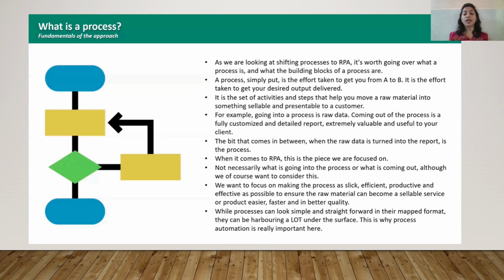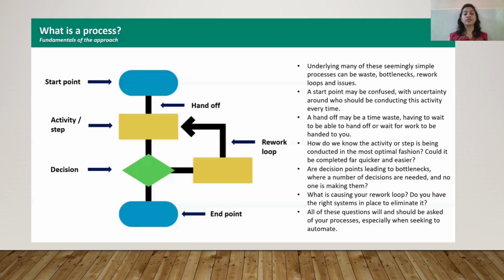So while processes can look simple and straightforward in their map format, there can be a lot burning under the surface. This is why process automation is really important here, that we think about it, right? So let's see this diagram where there is a start point and an end point.